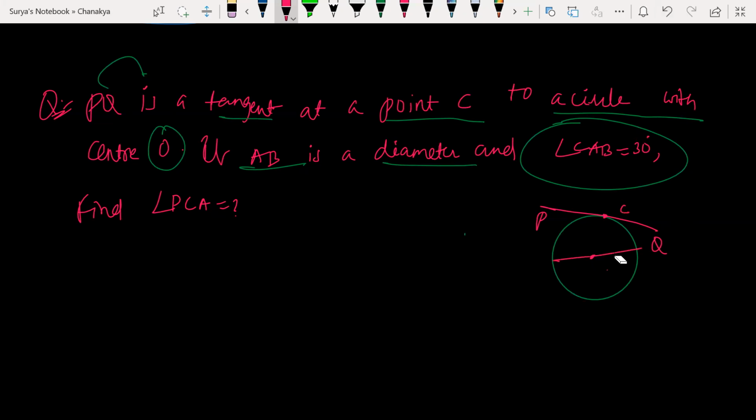This is my diameter, this is the center, and this is B. And CAB is given. CAB is equal to what? 30 degrees, which means this is 30 degrees. So PCA you have to find out. This angle you need to find out. Let me take it as X.